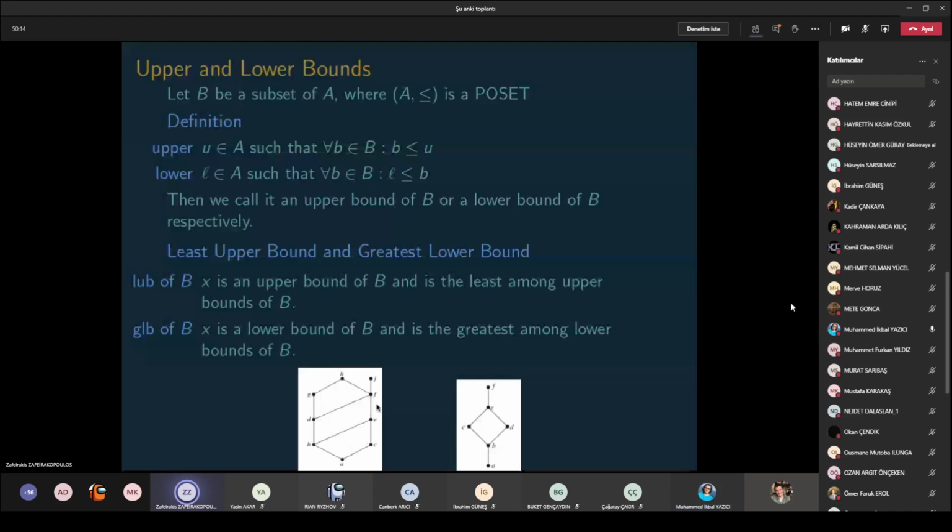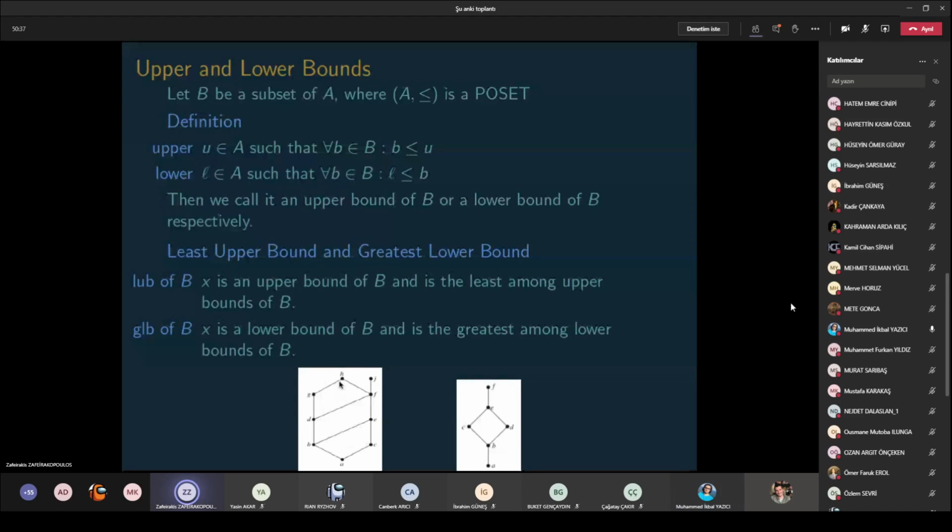Is it the only one? For D, E, F, I think yes. What about J? J is bigger than F, also than D and E, right? Yes, larger than all.